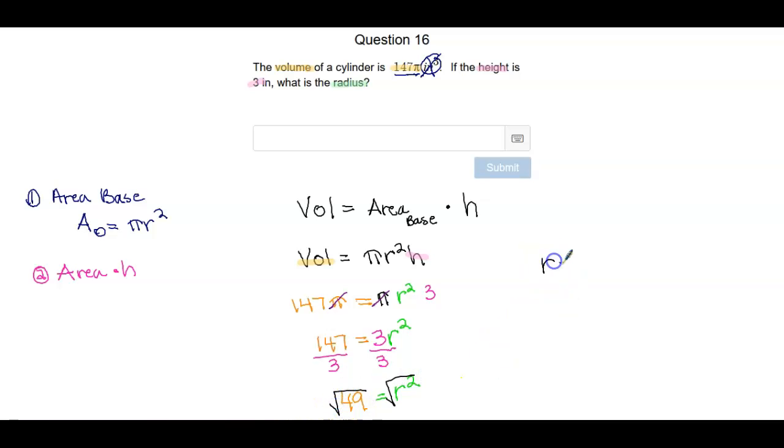So r is equal to the square root of 49, which is 7. So if you were to use this volume formula, pi times 7 squared, and then multiply that times the height of 3, that would give us this 147 pi inches.